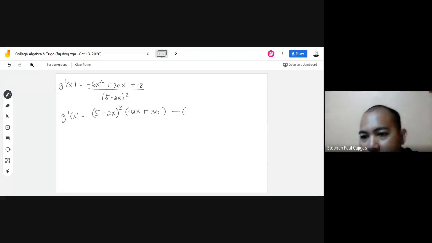So on the other side, you copy the numerator, and then for the denominator you derive using the chain rule. So 5 minus 2x, times negative 2.